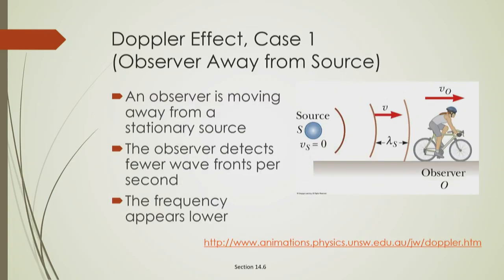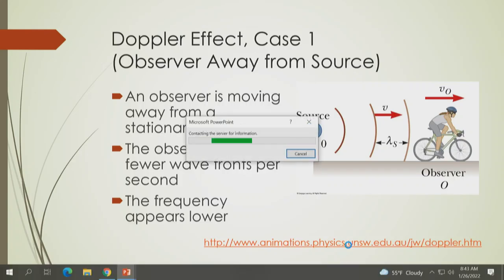Now, if I do it the other way and I'm moving away from that wavefront, it's going to take that wavefront a little longer to catch up. So I'm going to have a bigger gap, a little bit of a perception problem.